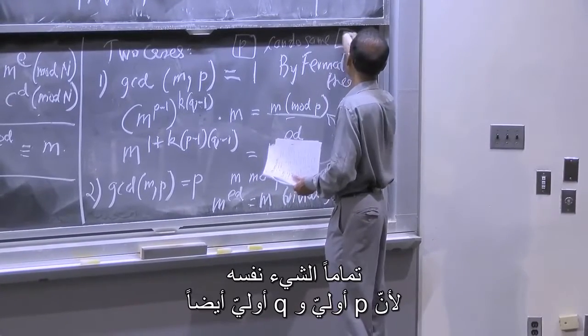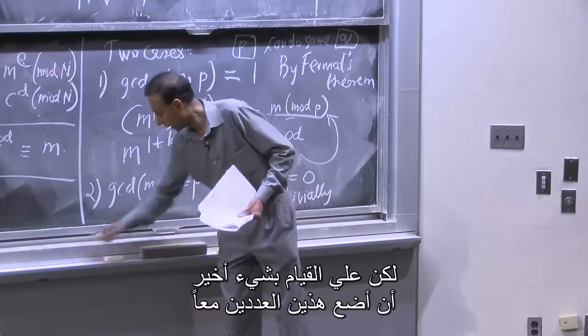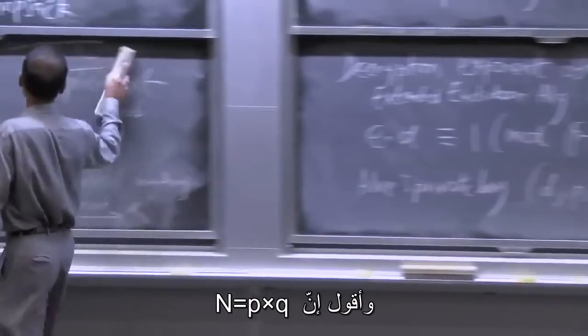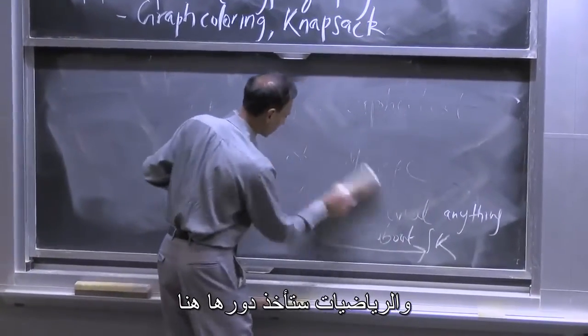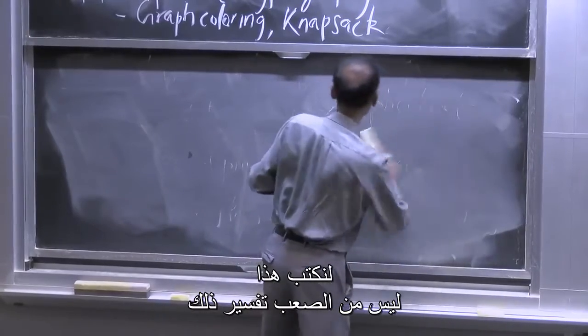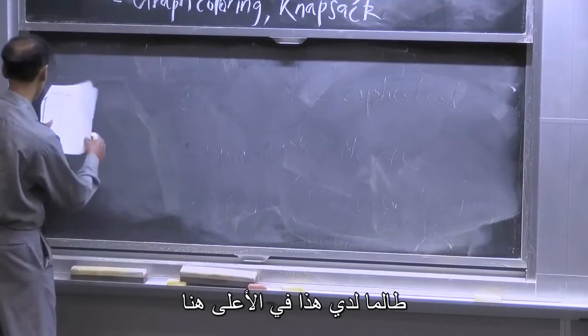It's exactly the same, because p is a prime and q is also a prime. But I have to just do one last thing, which is put these two things together and say that n equals p times q, so the math is all going to work out.